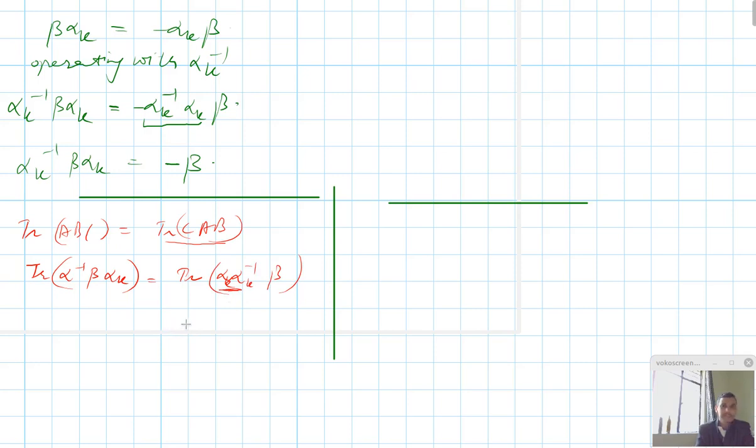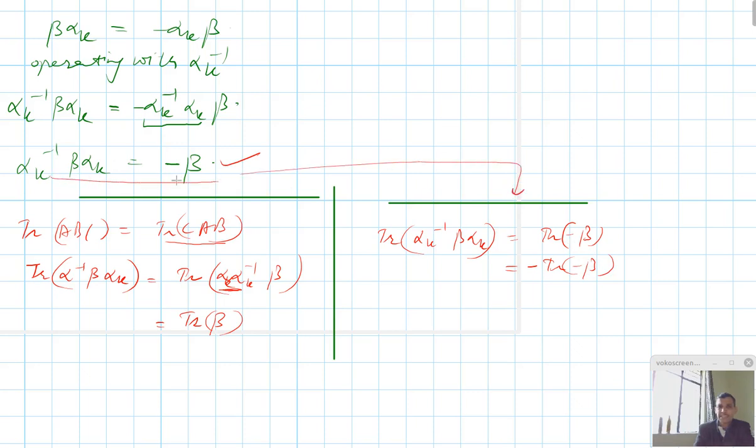matrix. So if it becomes an identity matrix, then I can write it as 1, so it becomes trace of beta. But if I look at this particular equation, then it can be written as trace of alpha k inverse beta alpha k is equal to trace of minus beta. I used this equation directly here, and here I have taken only one side, right?